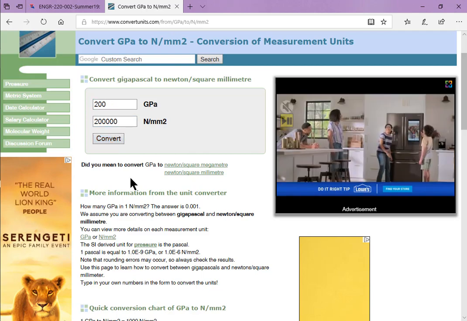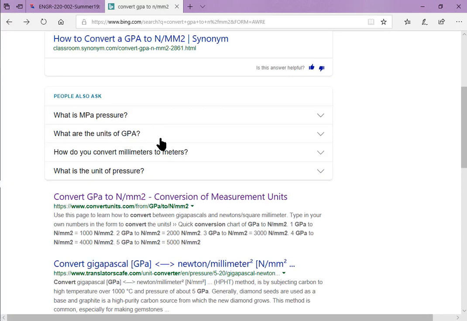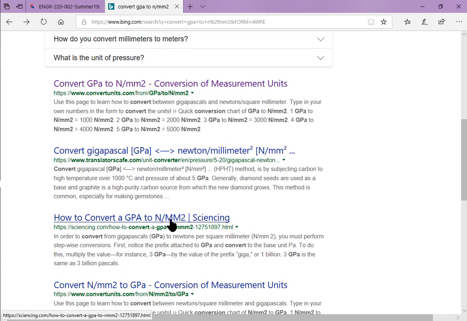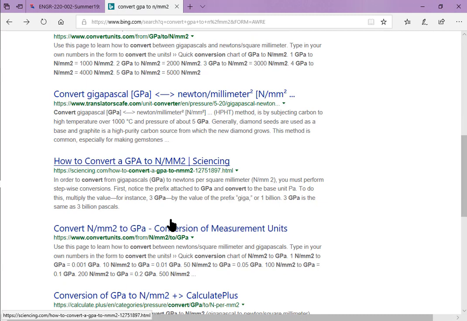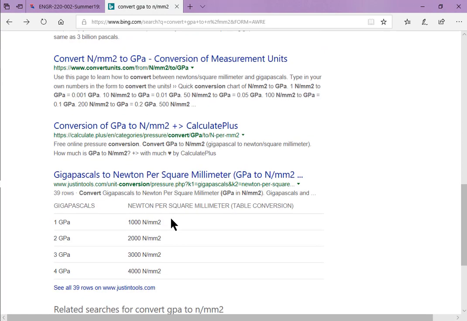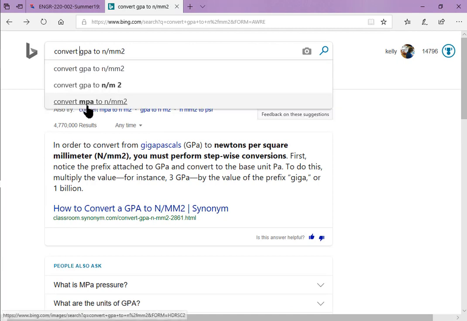No, this did it right, but somewhere they searched and it told them the wrong conversion, and it basically said that a gigapascal was a Newton per millimeter squared, and I don't see it right now, but it was not correct. So don't always just use the first thing.